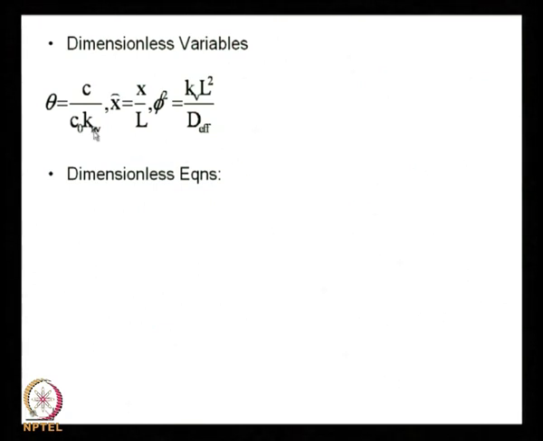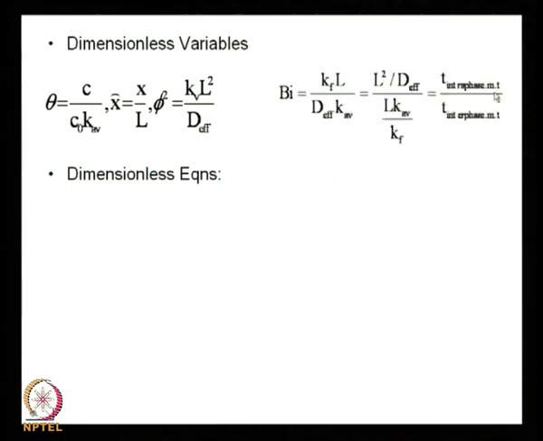So, we have theta, which is C over C naught, x hat, which is x over L, phi square, which is kV times L square over D effective, and then we have this quantity, the Biot number, which is the ratio of intraphase mass transfer, in other words internal mass transfer time, over interphase mass transfer, in other words external mass transfer time.